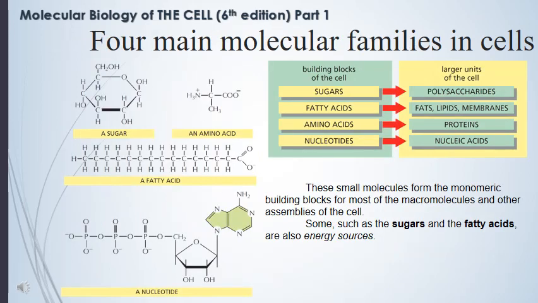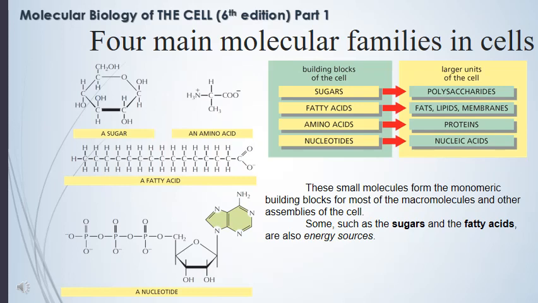So here are the 4 main molecular families that comprise pretty much everything in a cell. And these are sugars, amino acids, fatty acids, nucleotides. Now, nucleotides are responsible for being polymerized into nucleic acids.